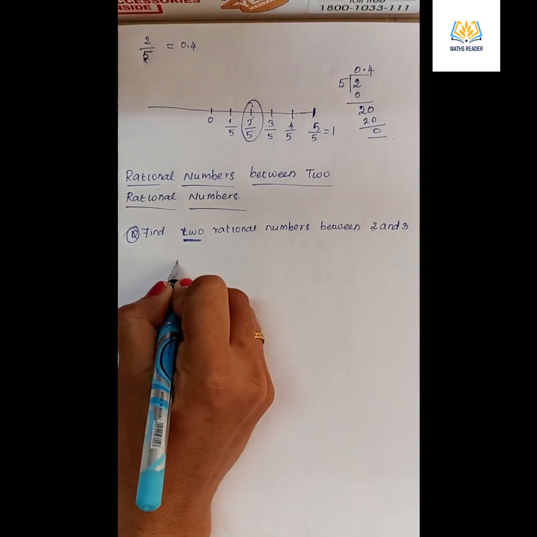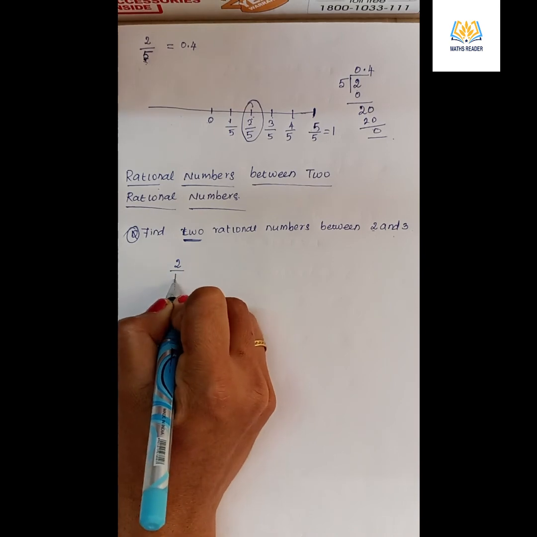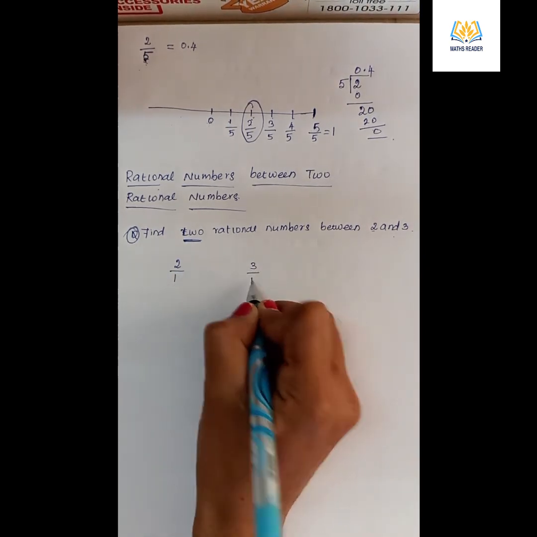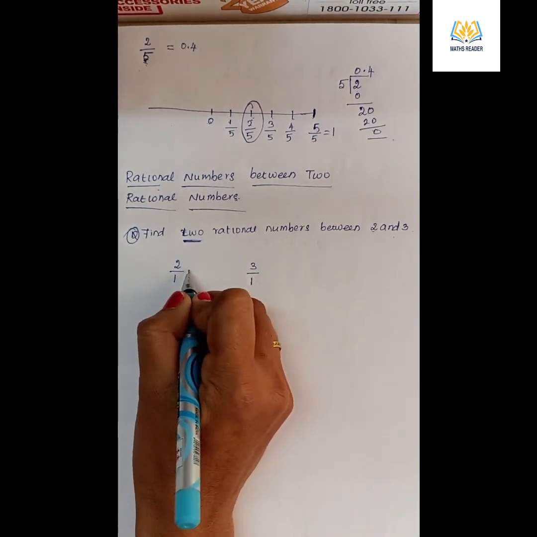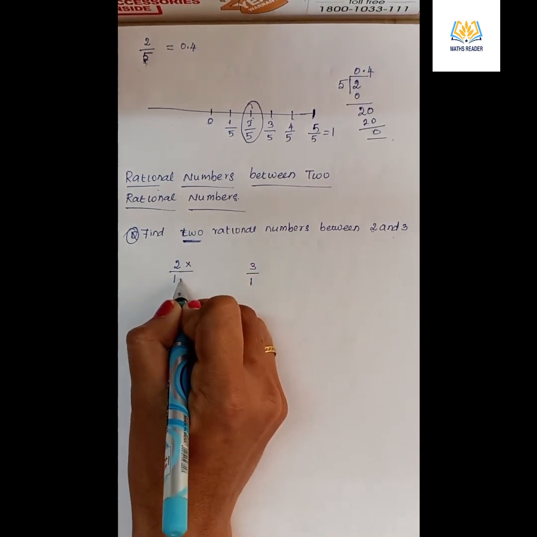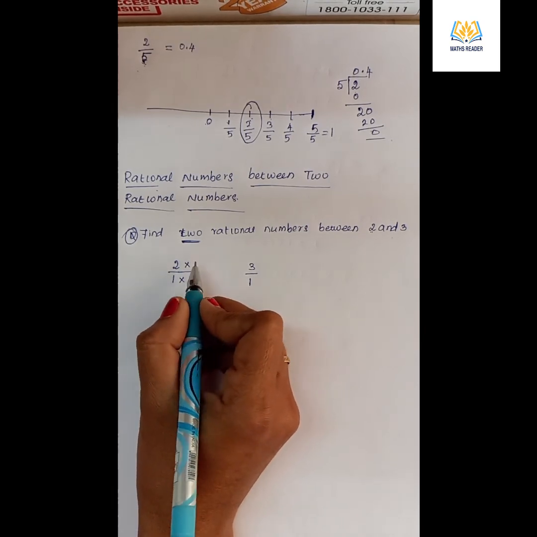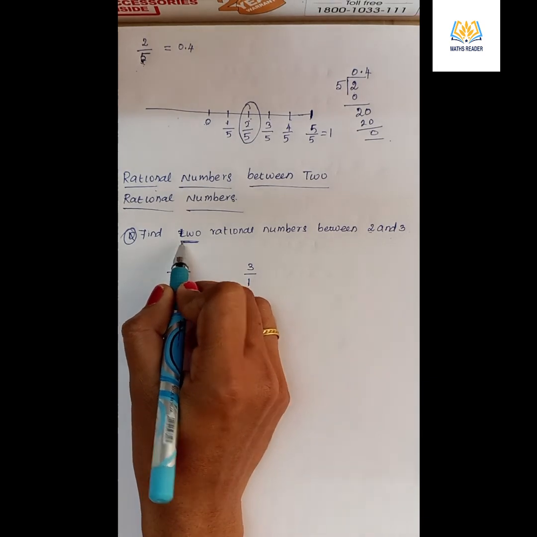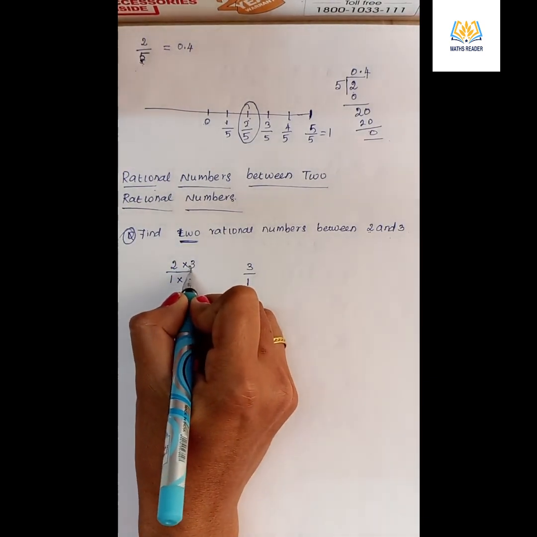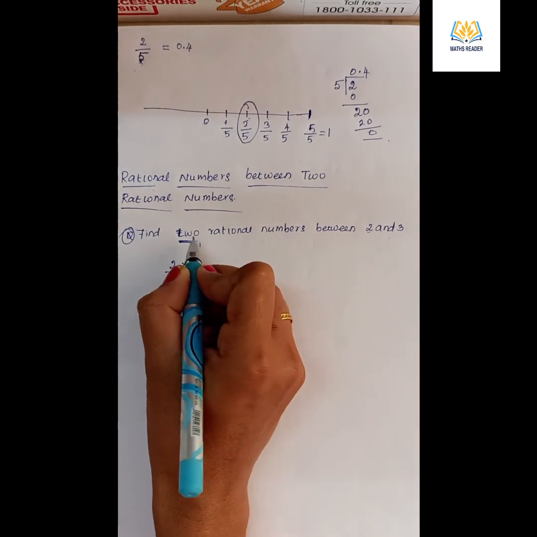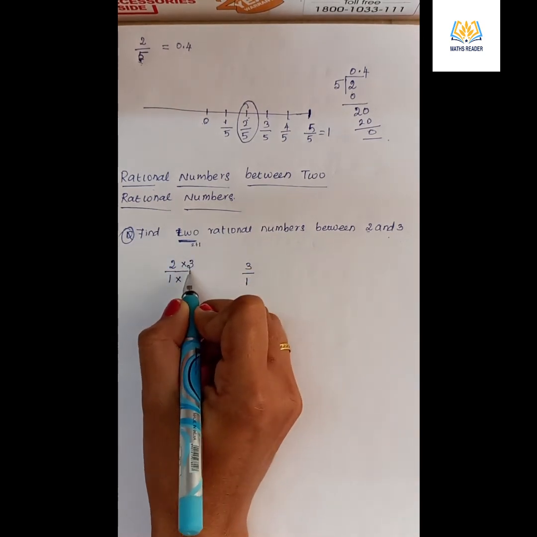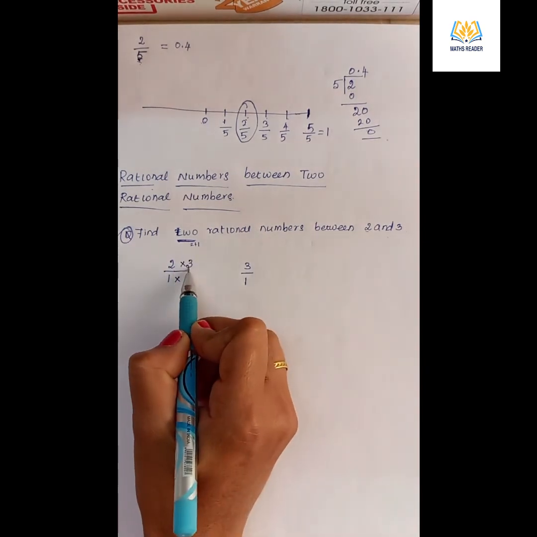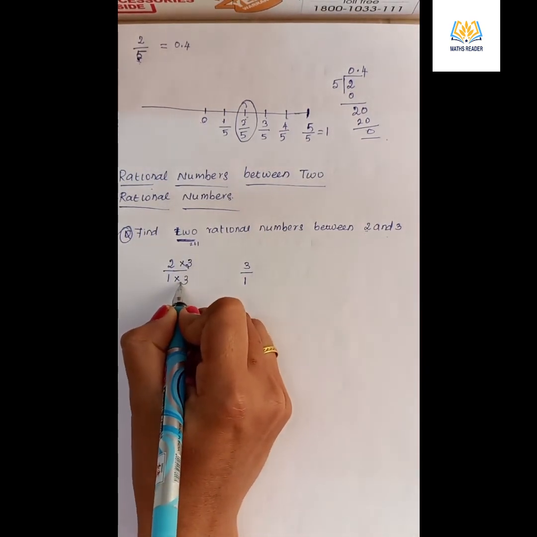The given number is 2. We can write this as 2 by 1 and 3 as 3 by 1. We need to multiply the numerator and denominator. Here they asked for two rational numbers, so we need to multiply by 3, that is 2 plus 1. If they asked for 3 numbers, you need to multiply by 4. So multiply numerator and denominator by 3.